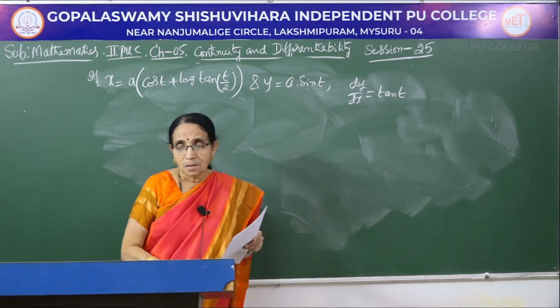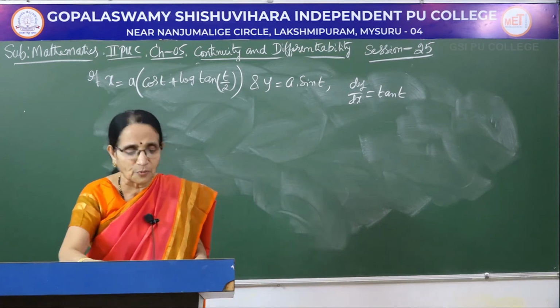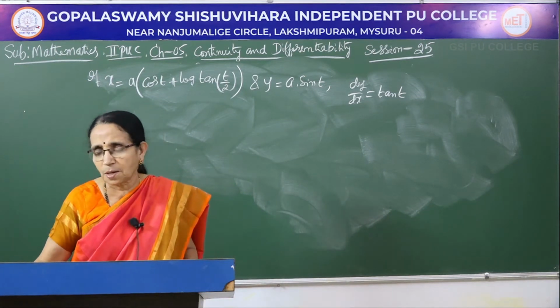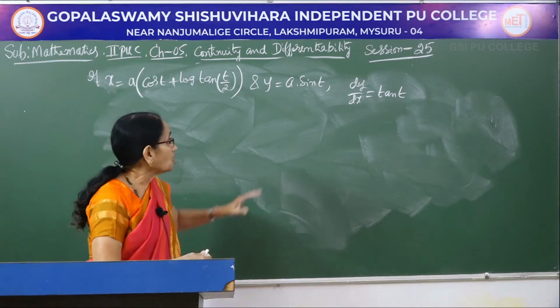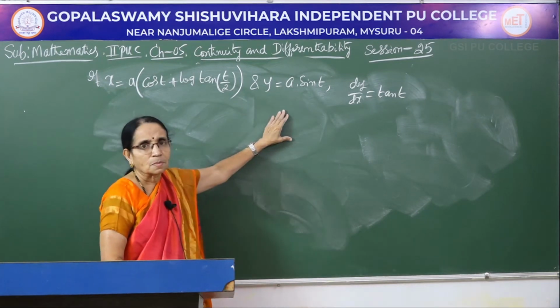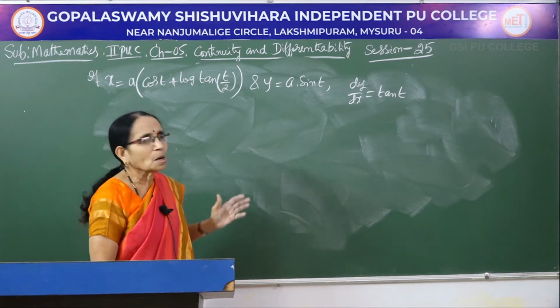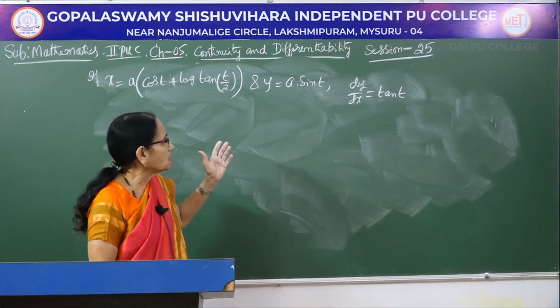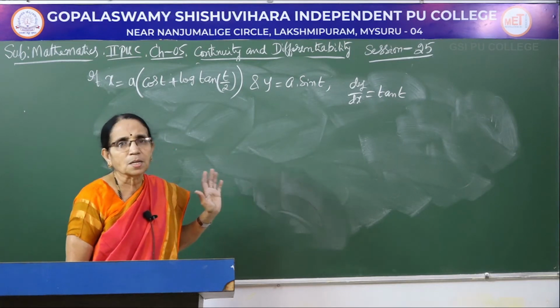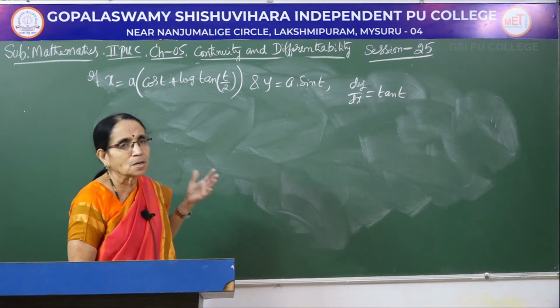Again the derivative is a very simple function, a basic function tan of t. So this part is very easy. Here t is a parameter. Though trigonometric functions are given here, they have used a parameter to be t. It's okay, t or theta doesn't make any difference.